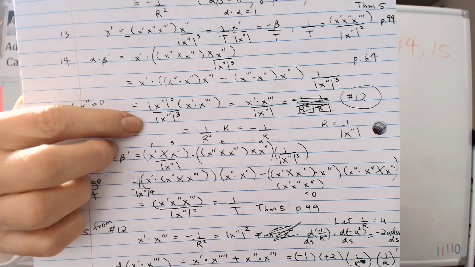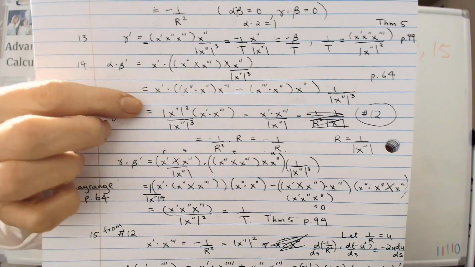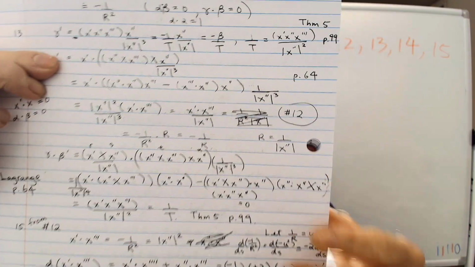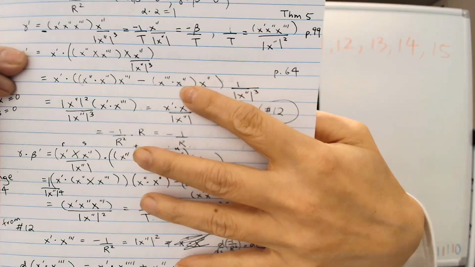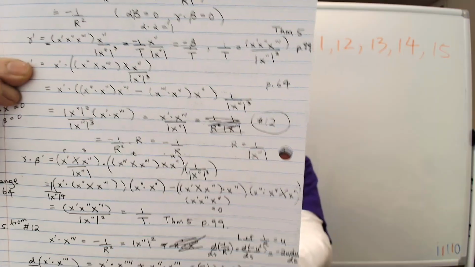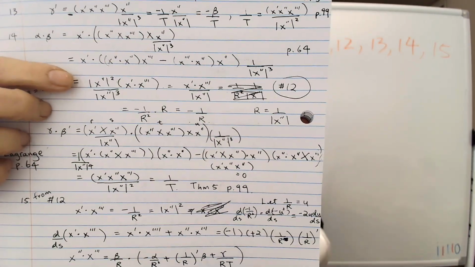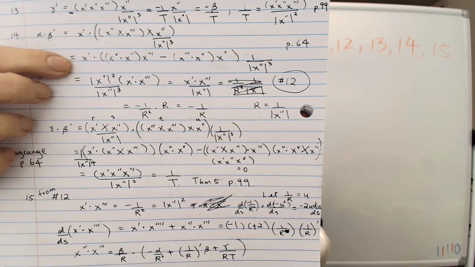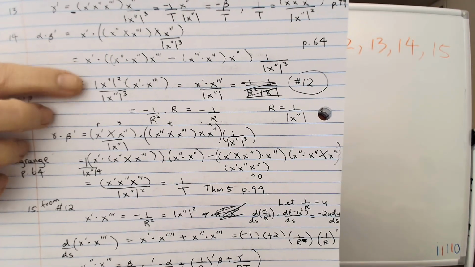The next step equals just the first part of the dot product, because the second part has a repeat of x double prime in it, which makes it 0, since the dot cross product equals the determinant. If you have two of them the same, then it's 0. So we only have the first part left.